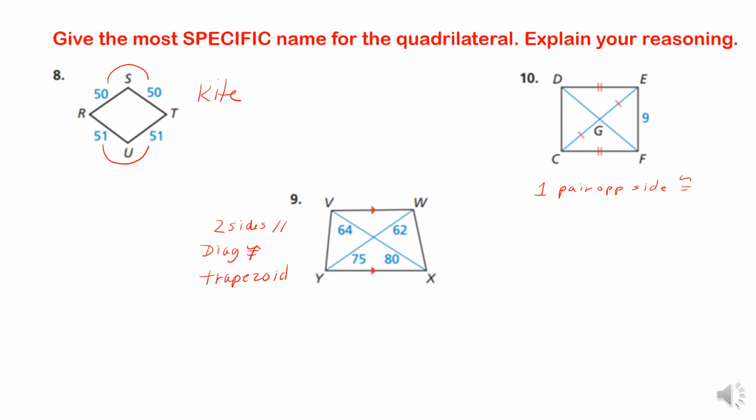So the best term we can give this one is a quadrilateral. We can't go any further than that. That's as specific as we can get. So make sure you're not over-defining and make sure you're not under-defining. That's all. Take care.